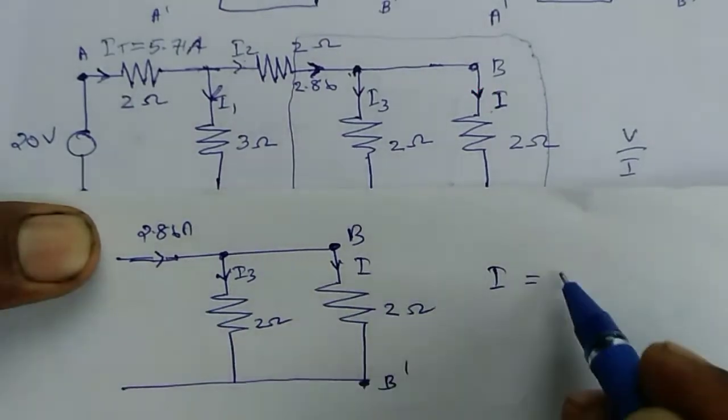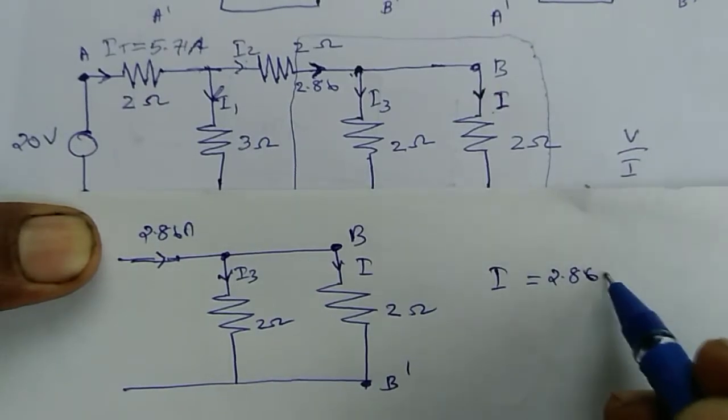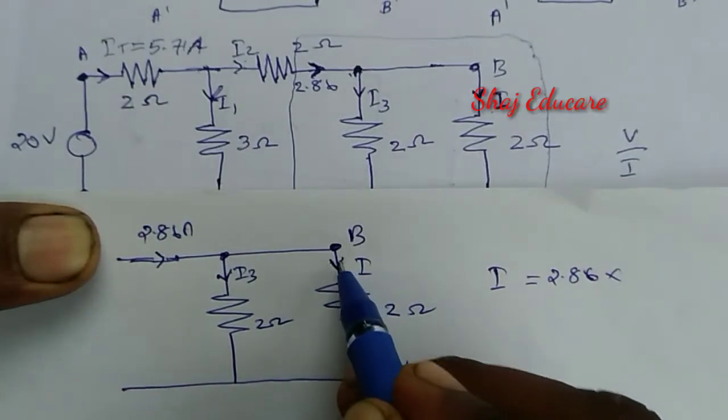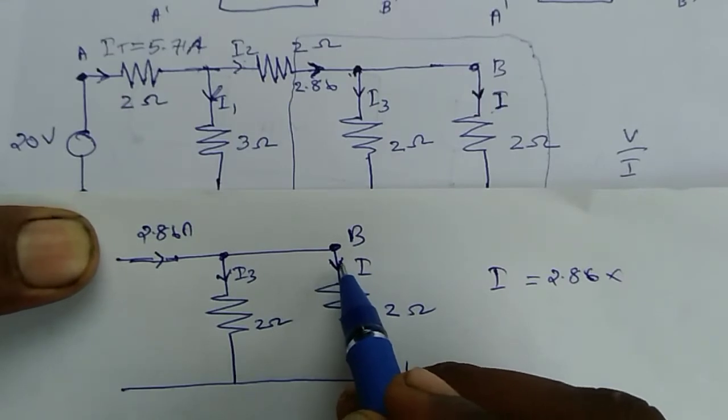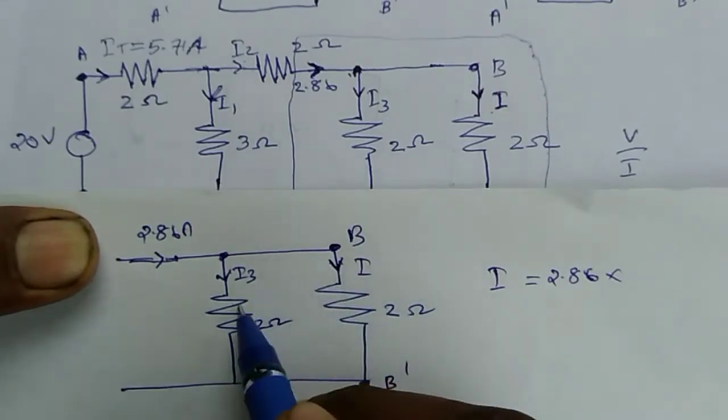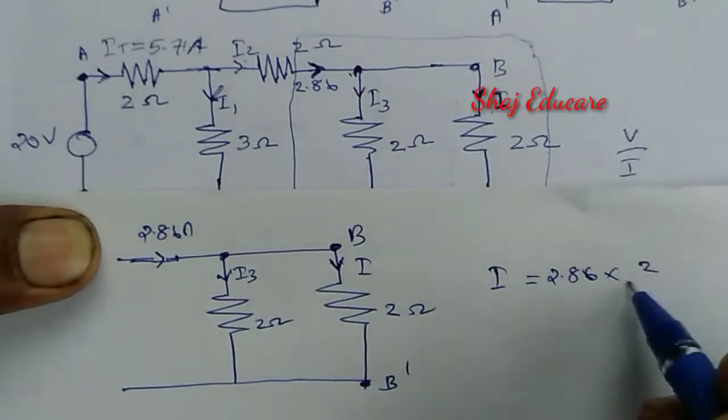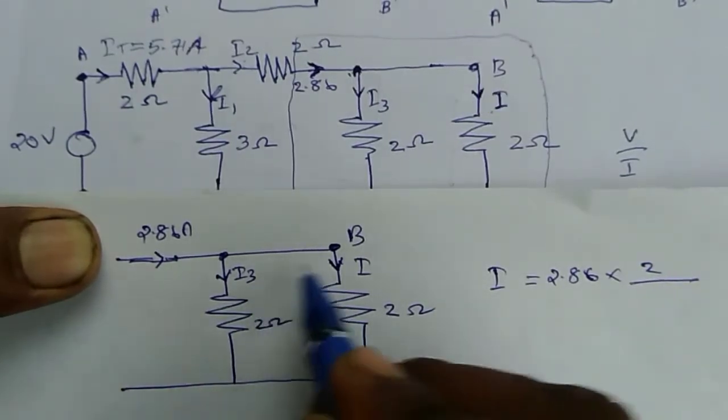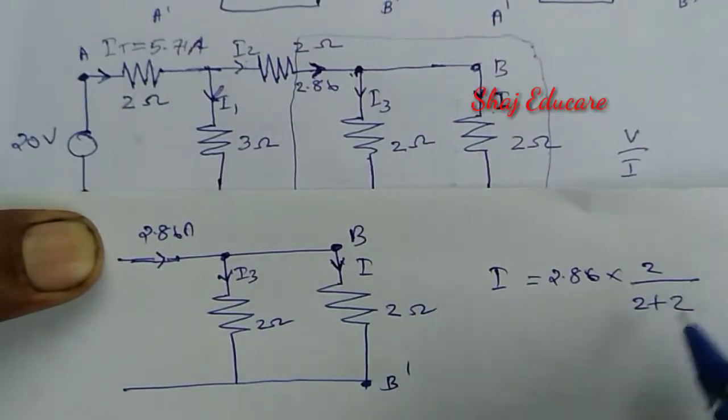Total current 2.86 into, then the resistance opposite to this branch, that is this 2 ohm resistance, divided by the total resistance in this loop, that is 2 ohm plus 2 ohm.